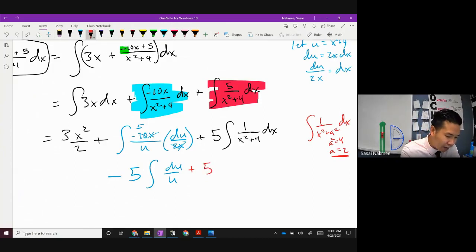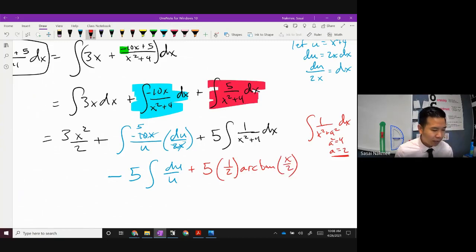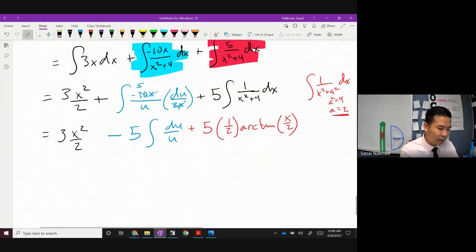Plus 5 times 1 over 2 times the arctangent of x over 2. Let's clean this up. Let's make this look a little bit nicer here.